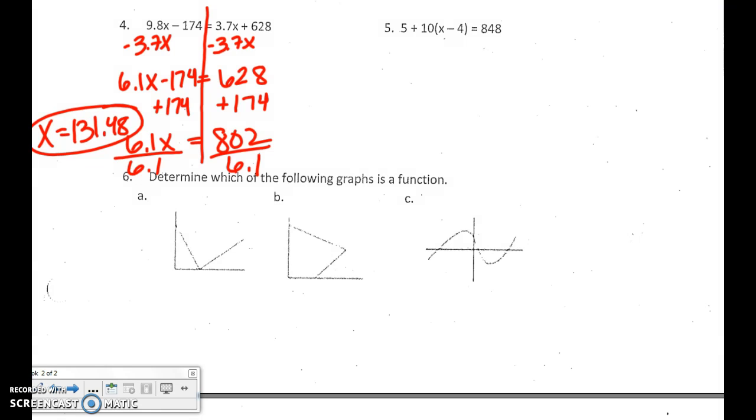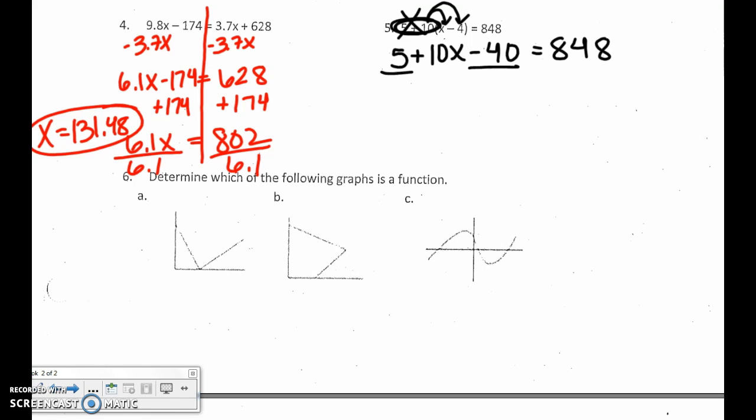Alright, number 5. I see that I have the distributive property, so I'm going to do that first. You have to do the distributive property first if you see you have parentheses. And then you combine like terms. So don't combine this 5 and 10 right away. You have to combine this 5 and the negative 40 to get negative 35 plus that 10x equals 848.